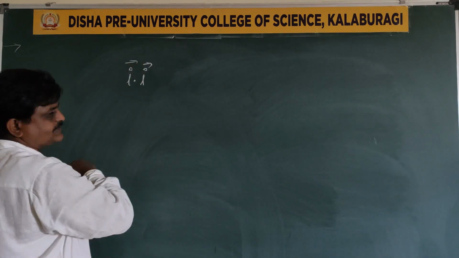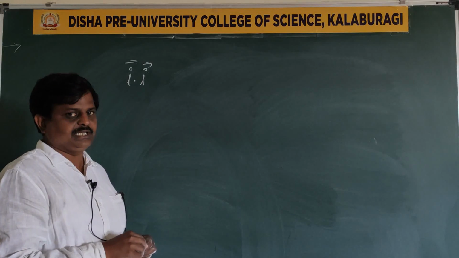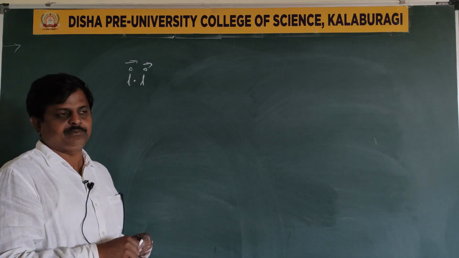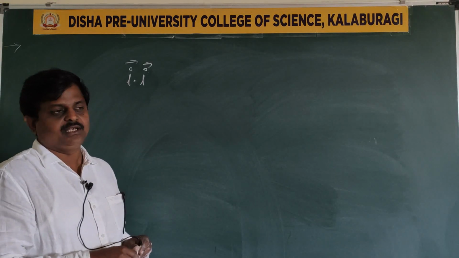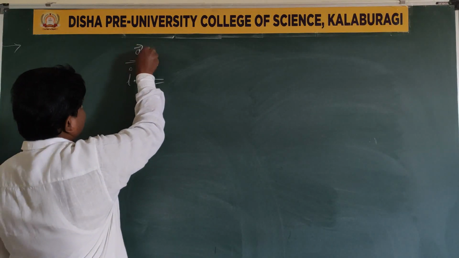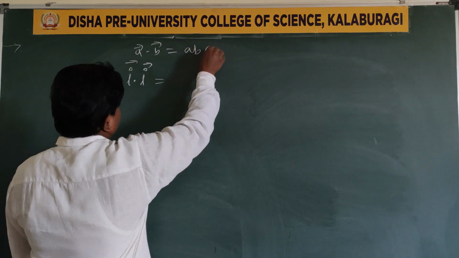So these are the two vectors. What does the I vector mean? It is a vector acting along the x axis. Another I is also acting along the x axis. Do you remember? A line is parallel to itself. What does it mean? The angle between them is 0. So what is the basic formula we may use to find the dot product? A dot B is equal to what? AB cos theta.